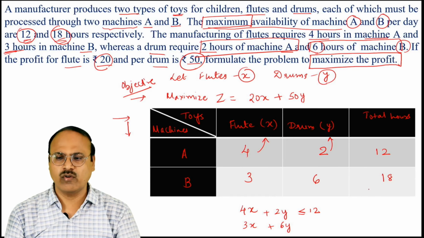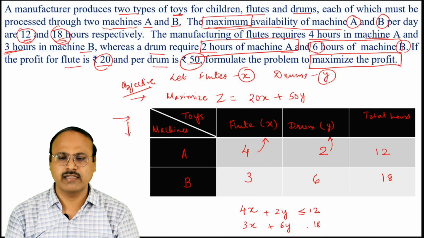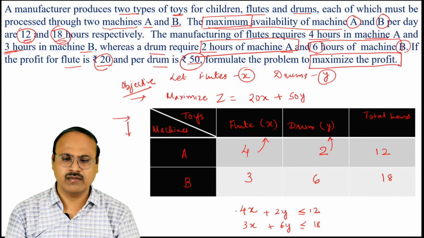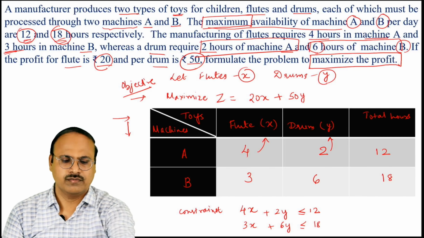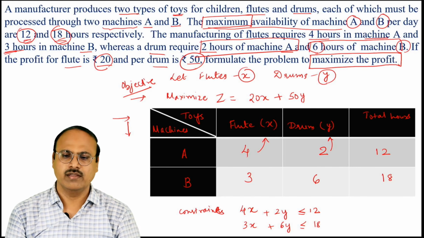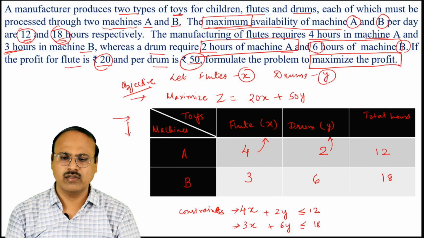But machine B cannot work for more than 18 hours. It can work for any number of hours which is less than or equal to 18. So this is your first constraint, this is your second constraint.